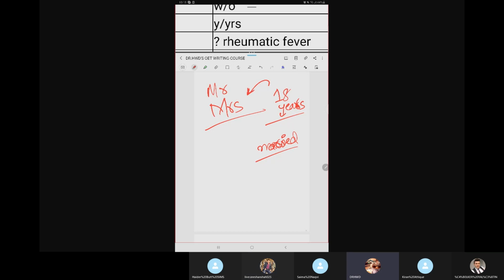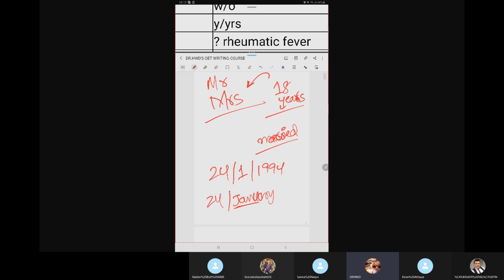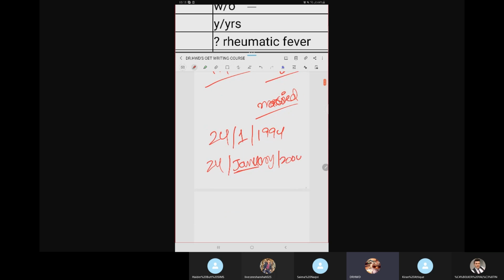So before we move to this one, I want to tell you that when you're going to write dates in your letters, you should use one pattern for it. All right. Either you'd write like this or you would write like this, right? But whenever you're going to use months as words, then you'd be writing complete months, right? You would not be writing incomplete months.